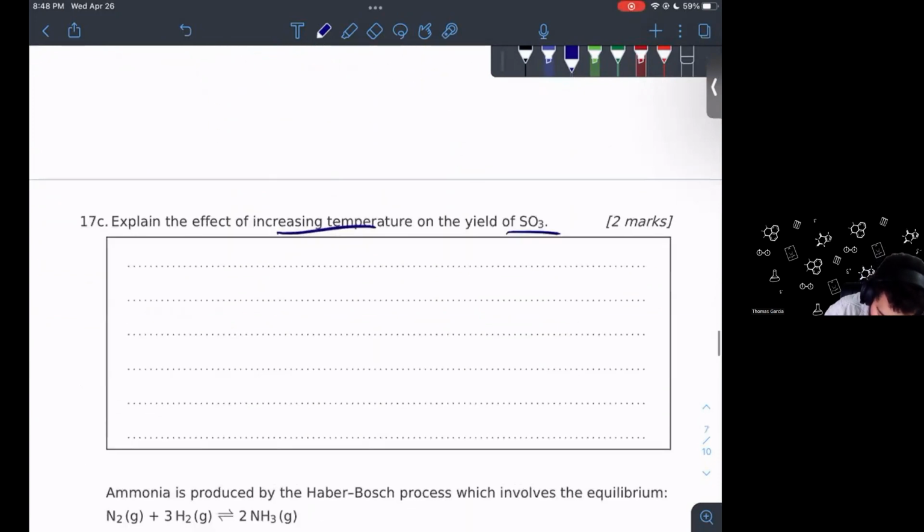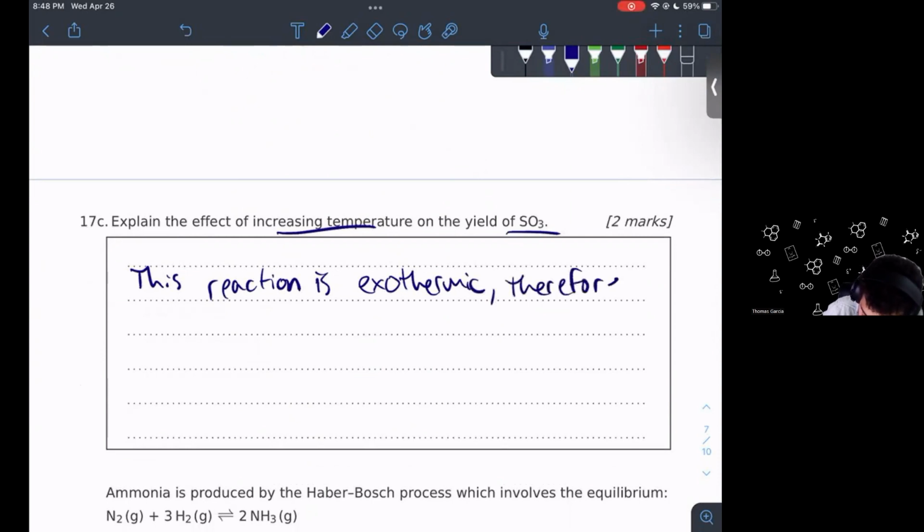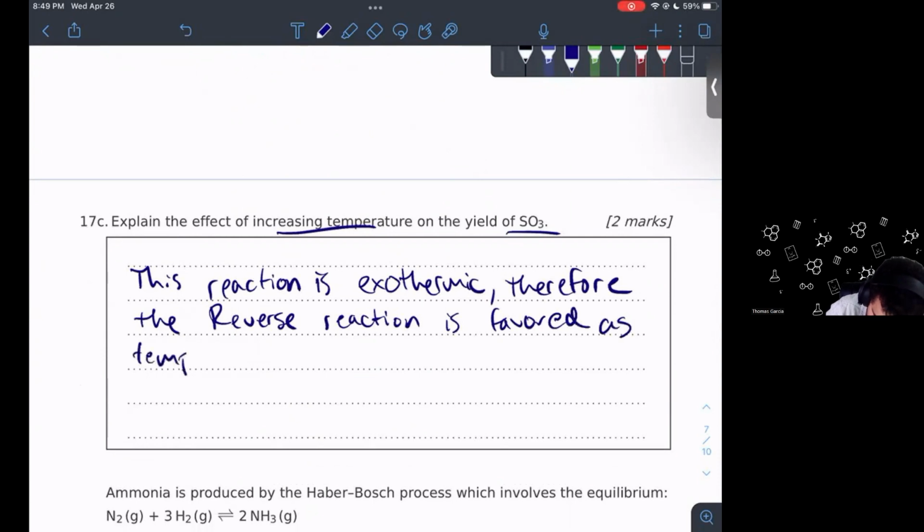So we should note that this reaction is exothermic, which we know, therefore, the reverse reaction is favored as temp increases.